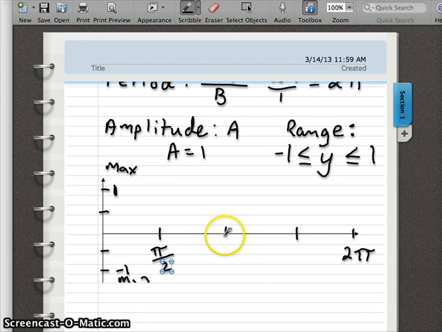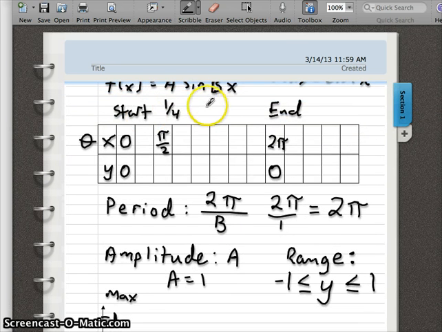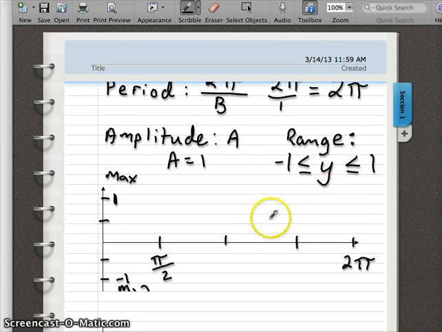The next spot is going to be half of my graph. That's exactly in the middle. And so if I take a half of my period length, I just get 1 pi. So on my graph I could fill out 1 pi there at that location.